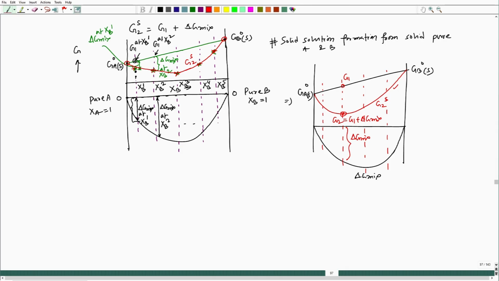Now, we have to look at these two quantities. An interesting observation can be made there. G A naught and G B naught can be considered for solid as well as liquid, since we are talking about condensed phase. One of those can be taken as a reference point, and the best reference value can be considered as 0.